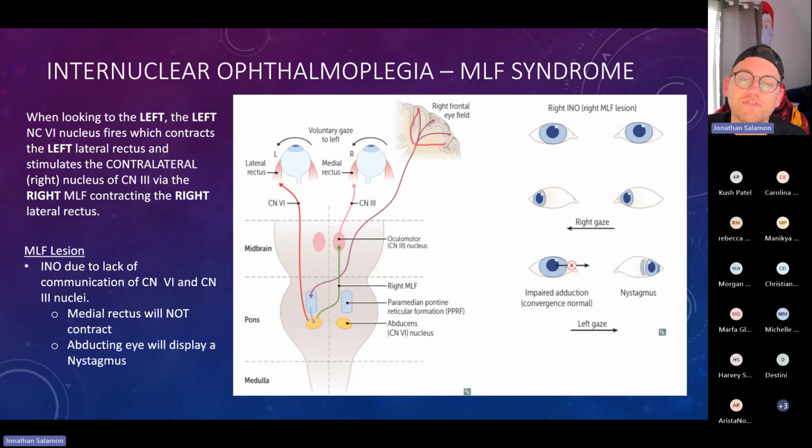So my right frontal eye field tells my left sixth nerve nucleus that it needs to move my left eye to the left, right? It's going to stimulate the lateral rectus muscle, the abducens nerve. The left abducens nerve abducts the left eye. And it was told to do that by the right side of my brain, the right frontal lobe, or the right motor cortex. As it does that, it's going to send a signal contralaterally to the third nucleus.